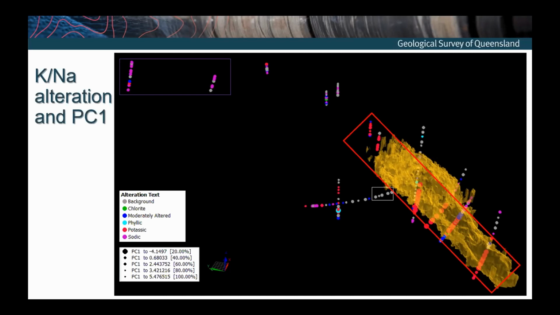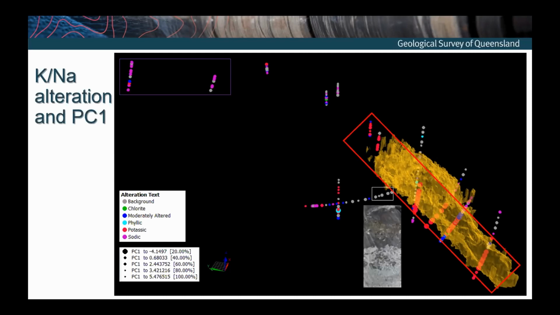For example, very proximal to the Ernest Henry ore body, there is a whole bunch of samples which are marked as background, but at the same time they have a pretty distinct polymetallic signature, similar to the Ernest Henry ore body. So how does that work? How can we see in multi-element geochemistry the polymetallic signature of the ore body, and yet the sample is characterized as unaltered?